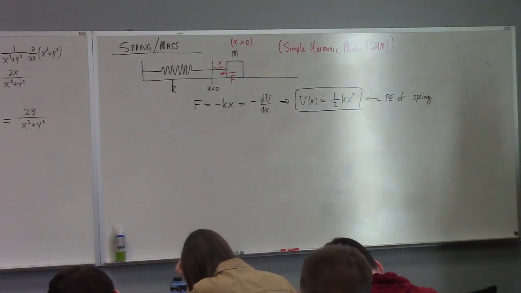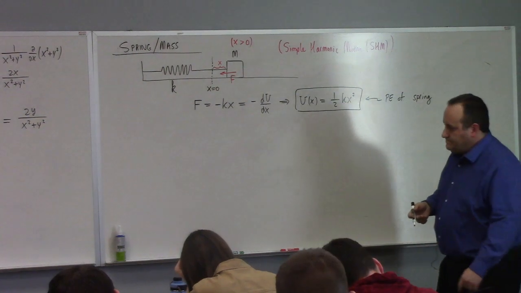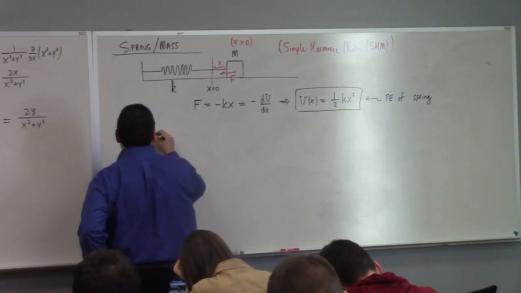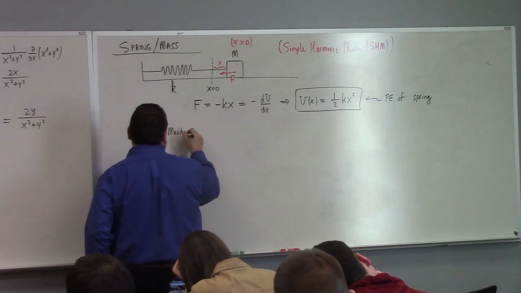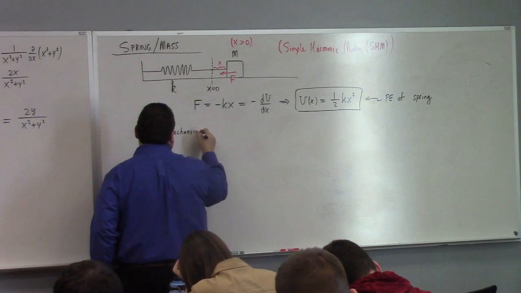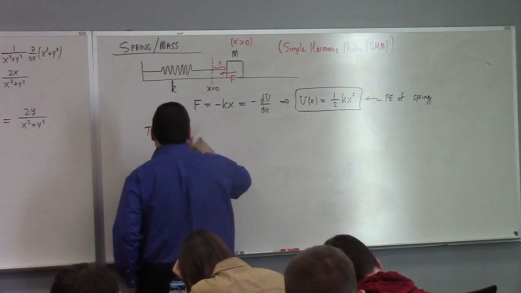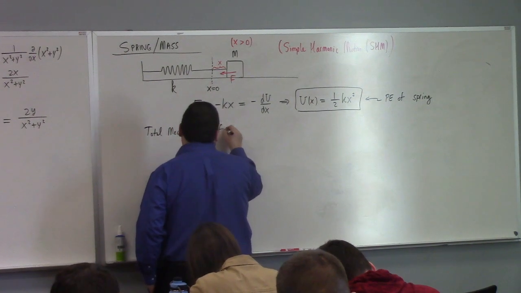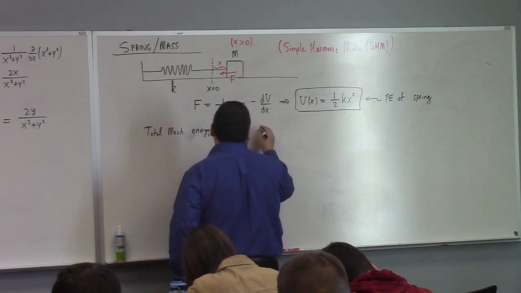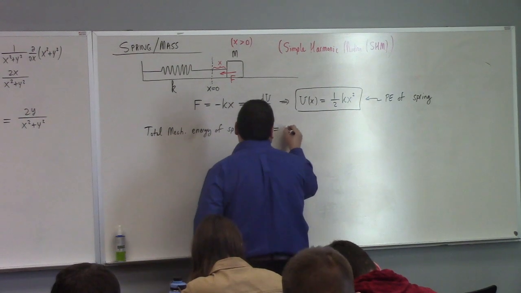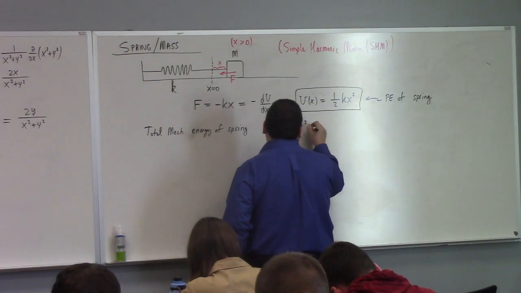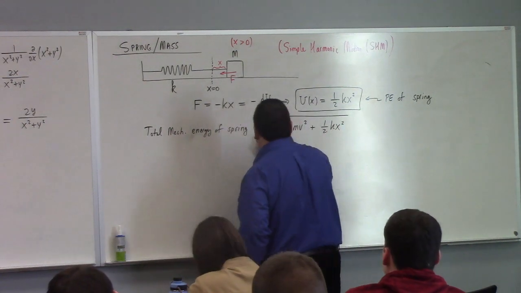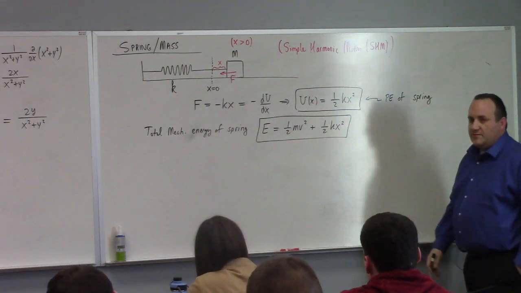So what's the total mechanical energy of the spring? Energy of spring is E equals 1/2 mv squared plus 1/2 kx squared. That's the total energy of the spring.